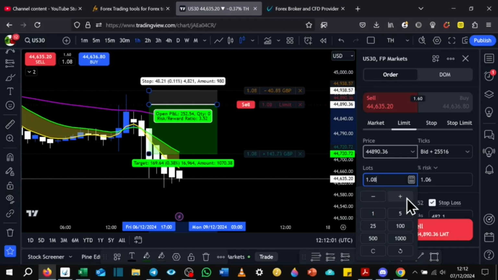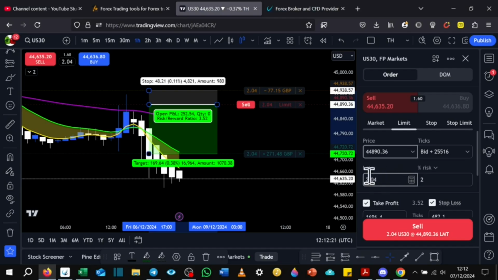So this can be increased. Just keep going until it gets to 2%. So a 2% account risk at £1,000, it's saying we can use a 2.04 lot size.